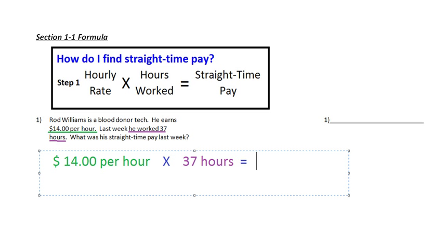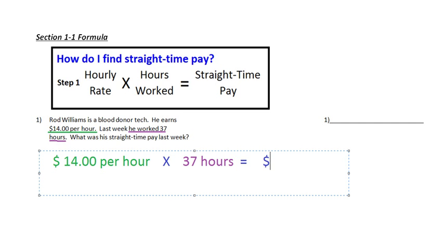You can see that I got the $14 per hour from the green underline and the 37 hours from the purple underline. Now, in my class, once again, you have to show your work. And if you showed all of this right there, that would be perfect. Now all we have to do is multiply and calculate exactly the correct answer.